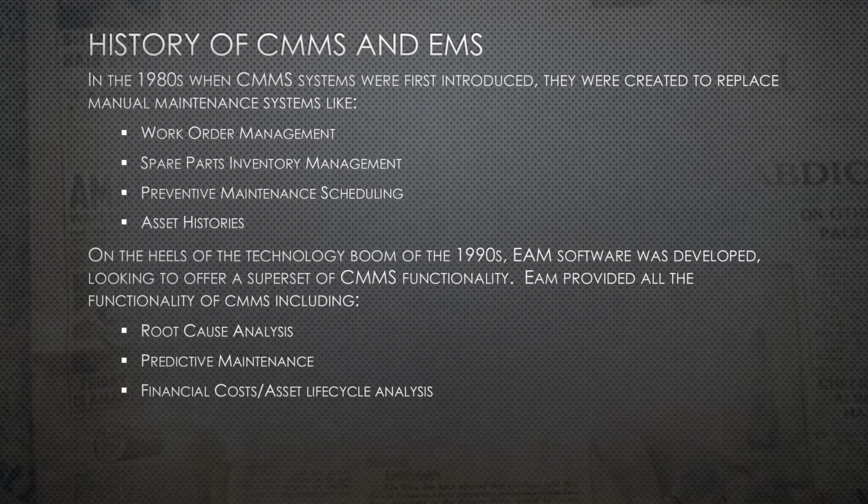So EAM offered a superset of CMMS functionality. It offered the same things that CMMS software did, but it also offered root cause analysis, predictive maintenance, and cost analysis. So it offered a more robust set of items.